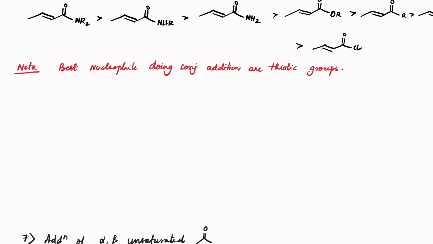For instance, if you have a double bond like this with a double bond here, and I treat that with PhSH at 25 degrees Celsius and keep it for 5 hours, what has been noticed is that you will have this keto form the same way, but here you will have SPh. So this is the product, and it was found to be 94 percent. That is the confirmation that there is a very good nucleophilic nature there.